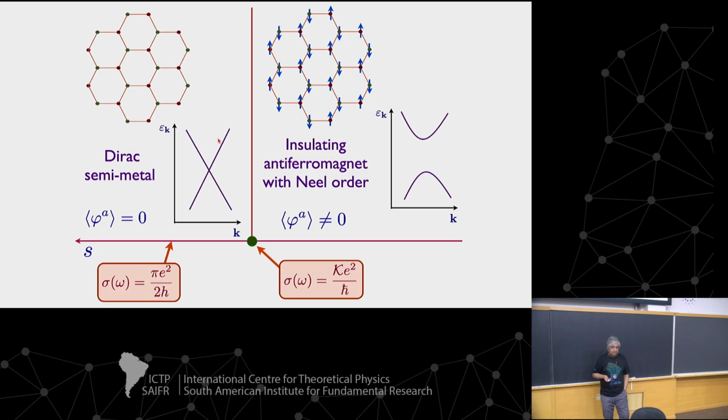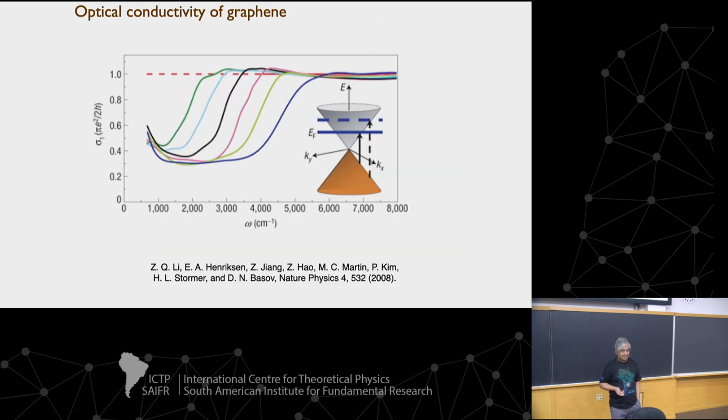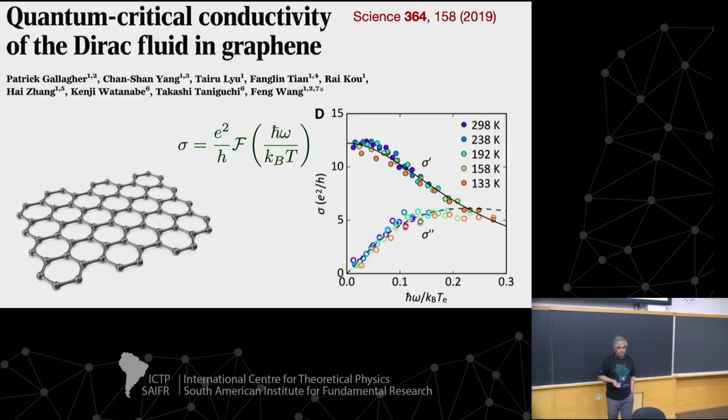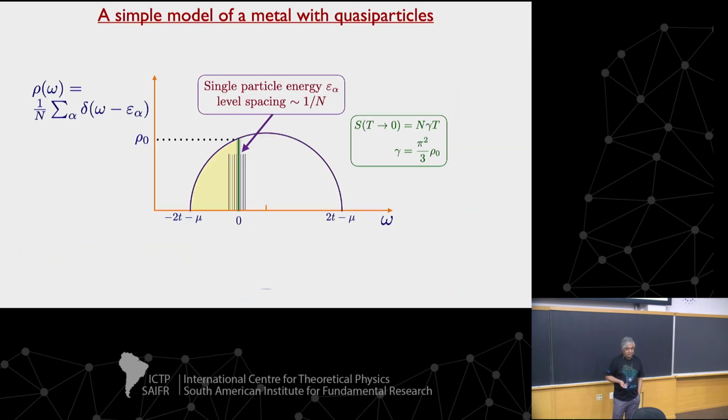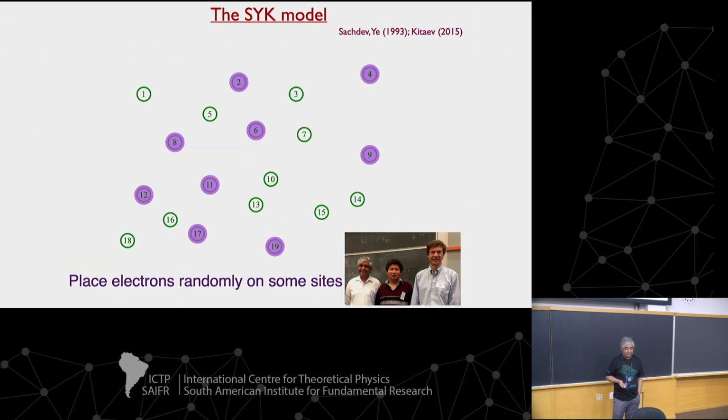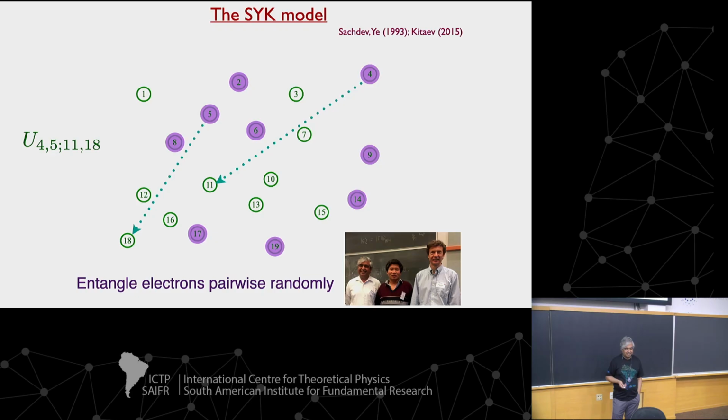Okay, so on the way there, we discussed last time the SYK model, which seems very, very far away from all of these considerations. It has electrons in random positions, and then they interact with random interactions.